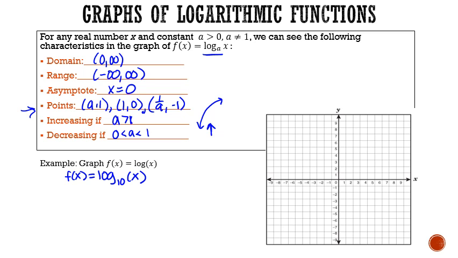So that means our a value is 10, so it's going to contain the points 10, 1, 1, 0, and 1 over 10, negative 1. So I can use those points to graph this. So 10, 1, 1, 0, 1/10, negative 1. And it also is going to have an asymptote at x equals 0.